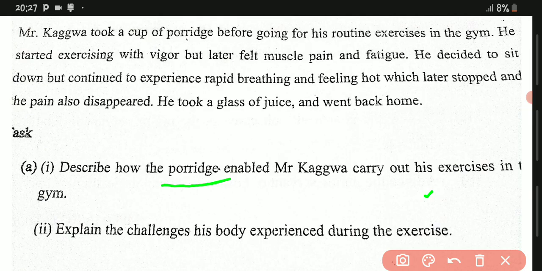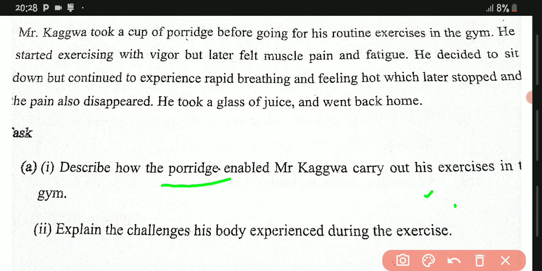We say that after breaking down the maltose by the enzyme maltase to glucose in the small intestine, this glucose is absorbed into the active muscles of the body.